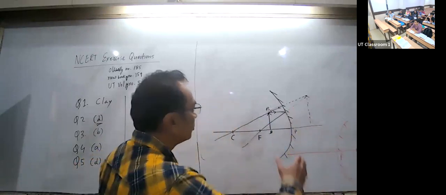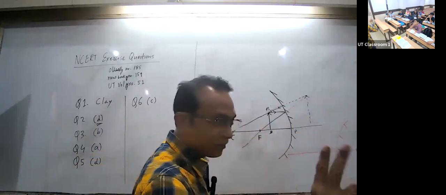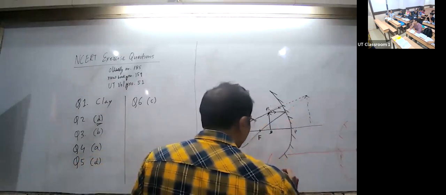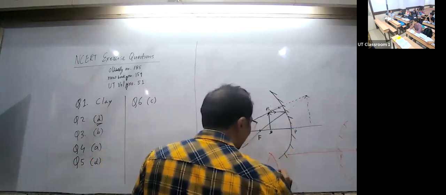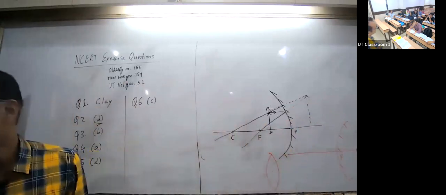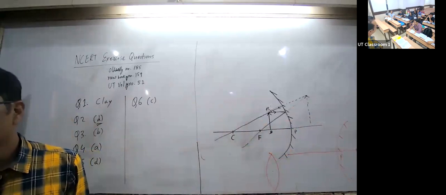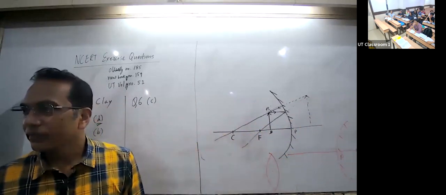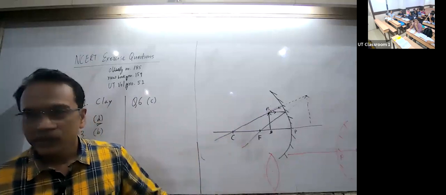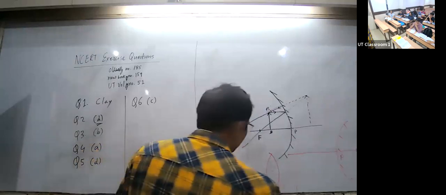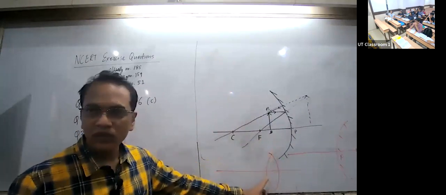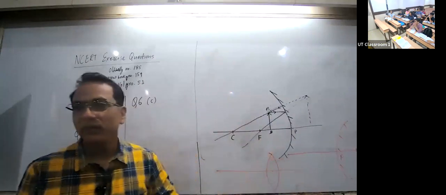Now, why this confusion happens, I am telling you. Whatever you did for concave mirror, same thing you get for convex lens. इसलिए गड़बड़ होता है. यहाँ पे concave और convex mix हो रहा है. ठीक है? But the nature of image is same. What is changing? एक तो name change हो गया और position change हो गया.